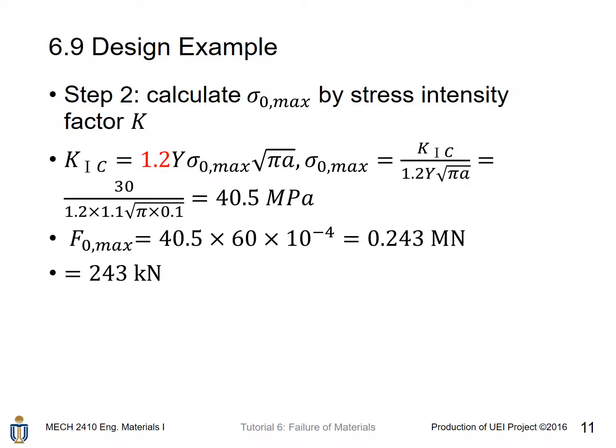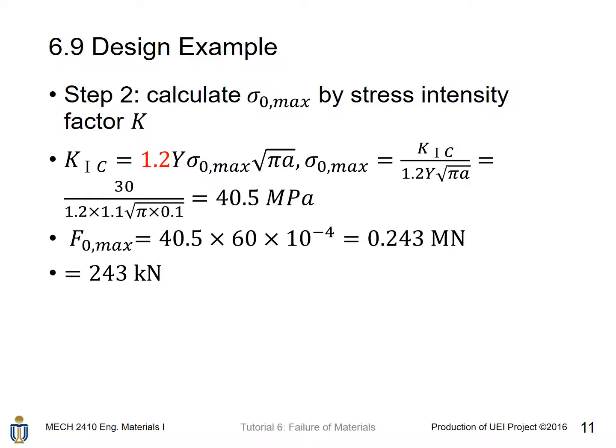Step 2, calculate the maximum allowable applied stress using the stress intensity factor K. K1C is equal to 1.2 times Y times the maximum allowable applied stress times square root pi a. 1.2, don't forget to include it, is the safety factor for this question.